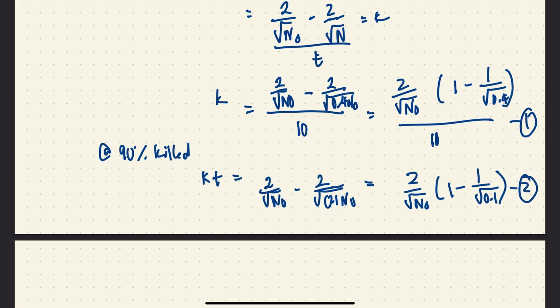We can divide both equations so we can eliminate n0.